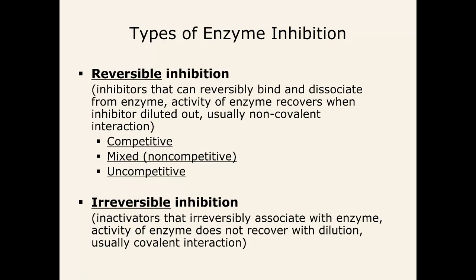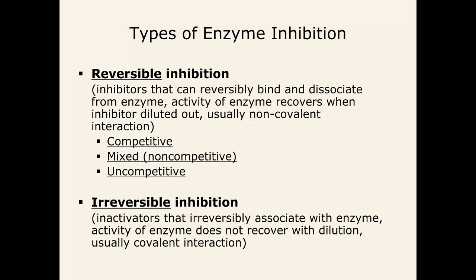Okay, there are three types of reversible inhibitors. These are inhibitors that can bind, and then they can also disassociate from the enzyme, so it's almost like an equilibrium. After it disassociates from the enzyme, the enzyme can recover its function.